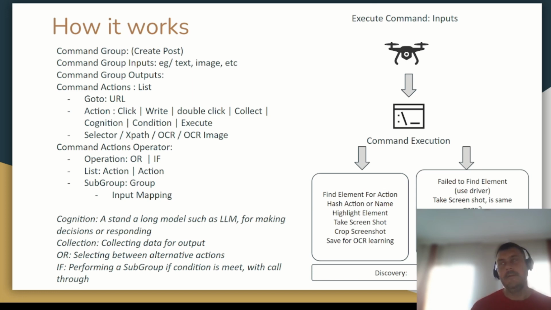So let's say if something failed, I've seen this in some websites where they're A/B testing. So we try one strategy, it fails, then we can try a different strategy. So maybe they've changed the post button, or now it says, it's in Spanish rather than English, or whatever it is, where we can start creating the conditions. And then we have our condition list, or we have a subgroup.